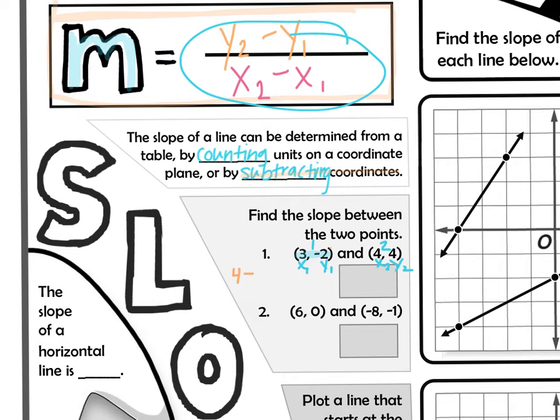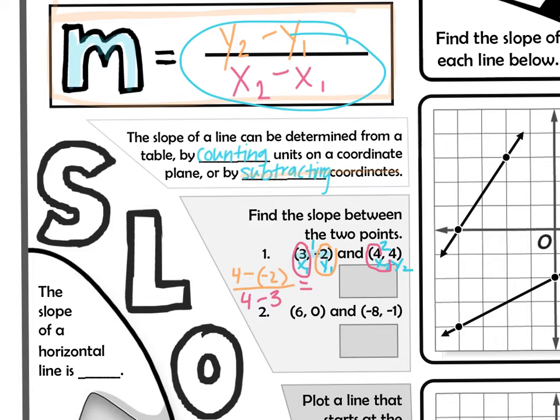minus our y1, which is -2, over our x2, which is 4, and our x1, which is 3. And then you just subtract across the top. And you can use a calculator for this, especially if you have a hard time subtracting negatives.